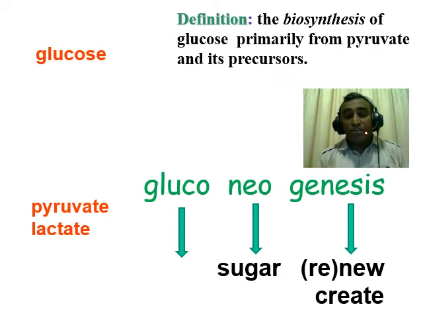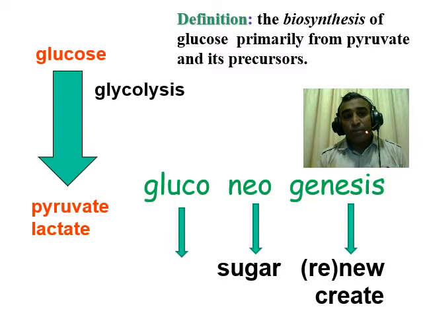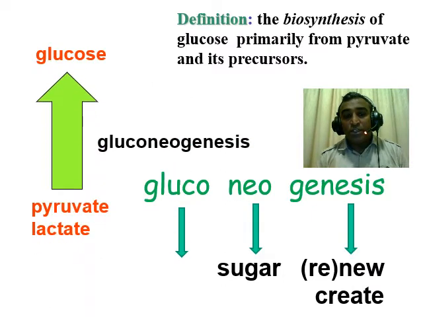On the left here you have glucose to pyruvate, as well as pyruvate to lactate. When it goes from glucose to pyruvate and then later to lactate by anaerobic glycolysis, you can say that gluconeogenesis is actually a direct reverse of glycolysis.